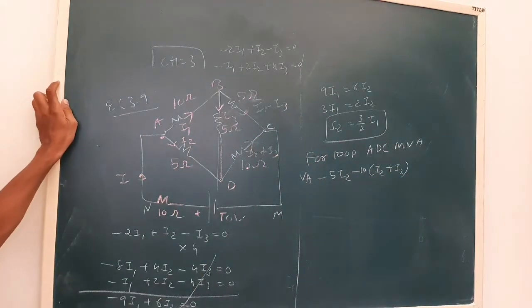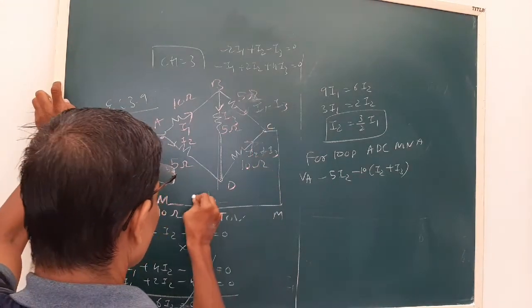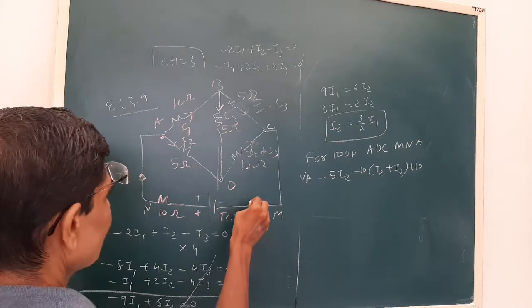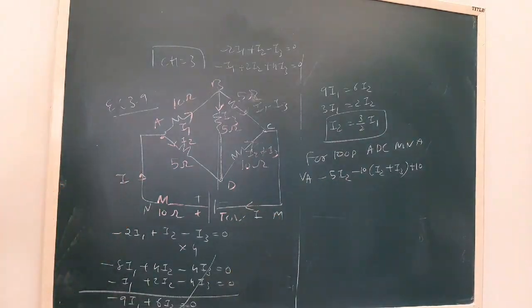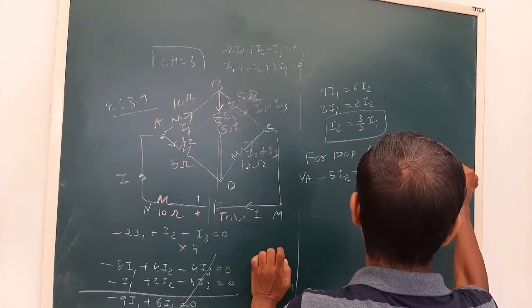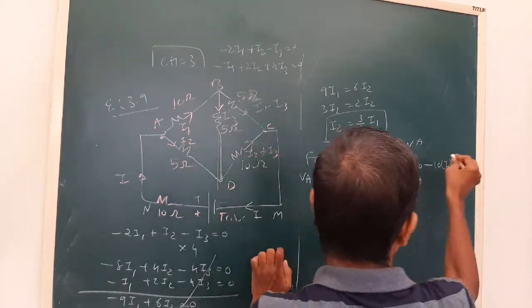We have reached up to C. Minus to plus of the battery, plus 10. See here the current is I, that we have discussed again. In the direction of current, minus 10I, and finally reach the point A.